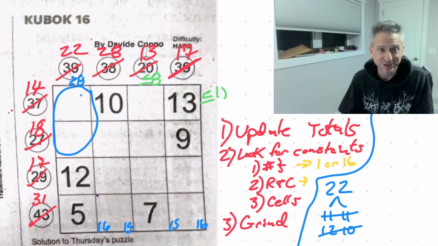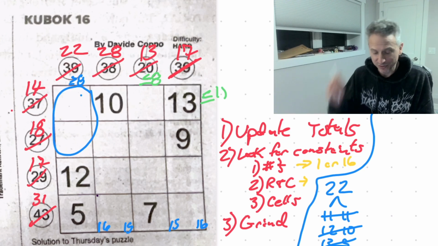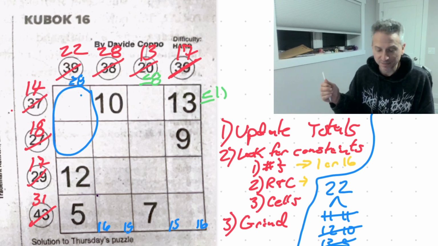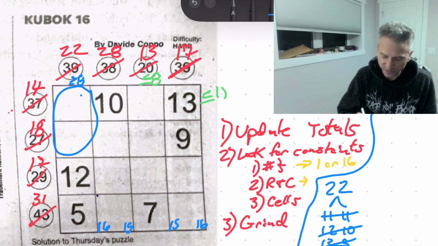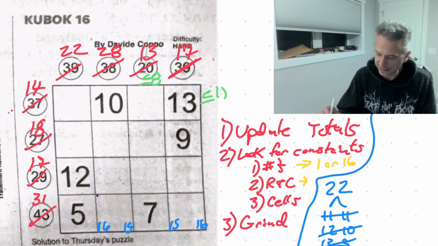Both 12 and 10 are used. I'm going to say 13, 9. Both 13 and 9 are used. I'm going to say 14 and 8. Those are available. And of course, 15, 16 can't be used. So right off the bat, I know another thing now, that this one is 14 and 8.